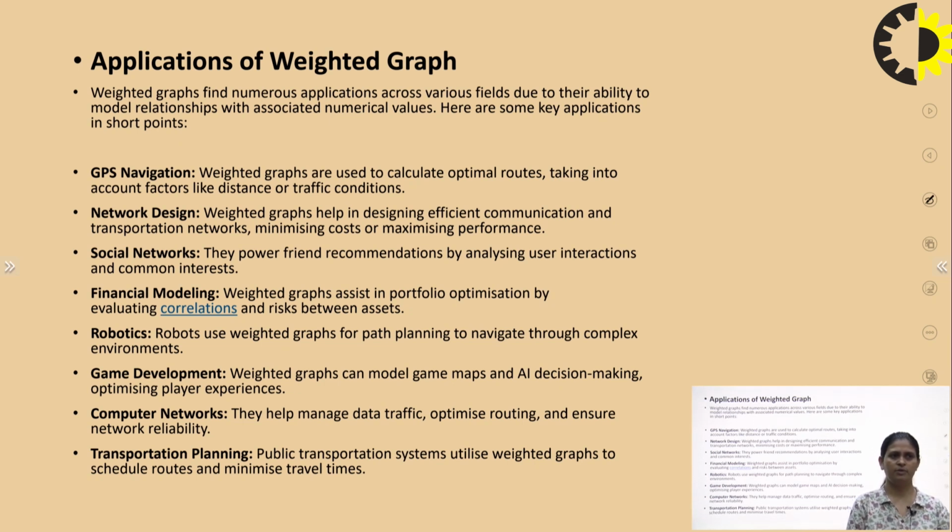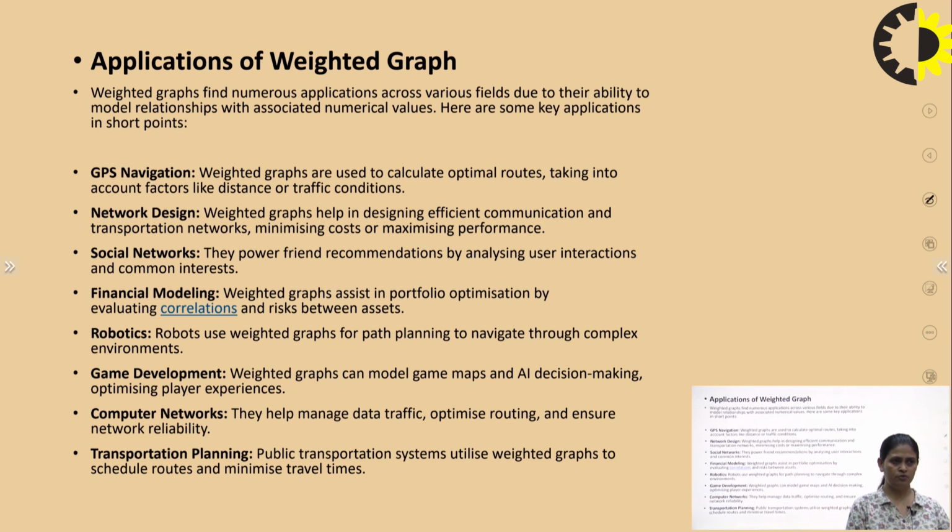Social networks. They power friend recommendations by analyzing user interactions and common interests. Financial modeling. In financial modeling, weighted graphs assist portfolio optimization by evaluating correlation and risk between assets. Robotics.